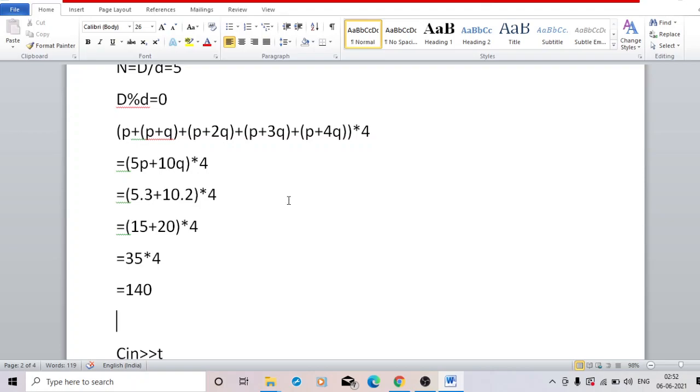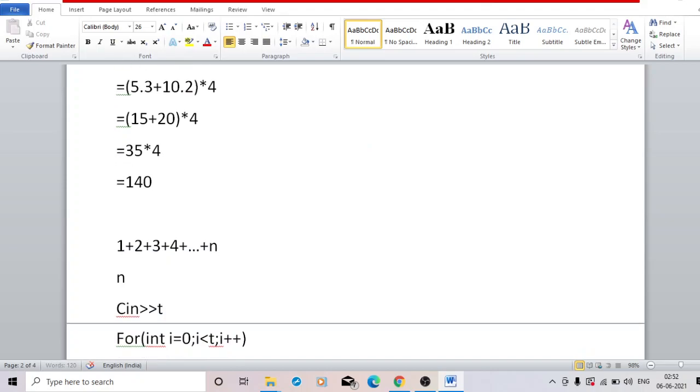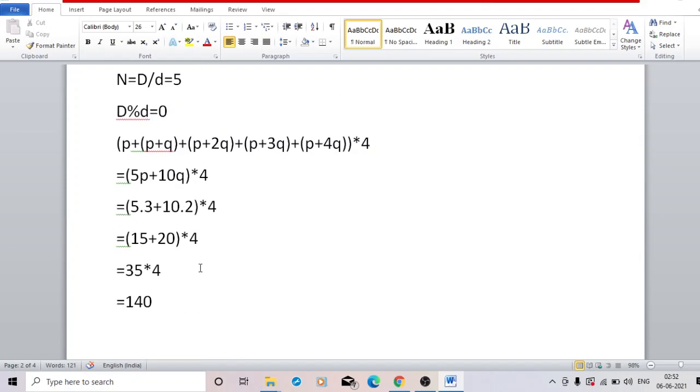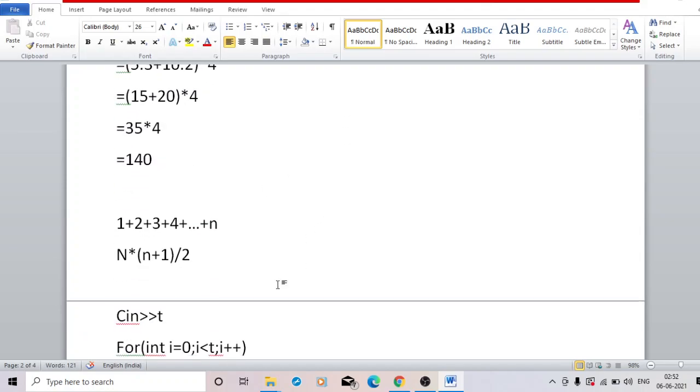So actually I have to calculate the summation of 1 to n minus 1, all the consecutive numbers. Now you can remember there is a formula to calculate this thing, the formula is n into n plus 1 divided by 2. But here actually it is not n, it is for n minus 1 times.